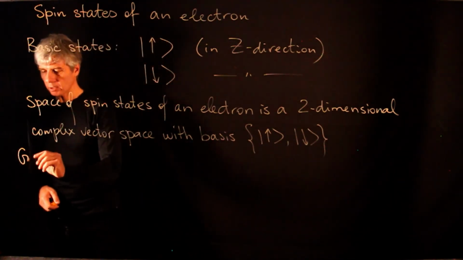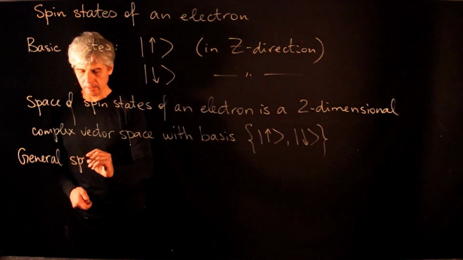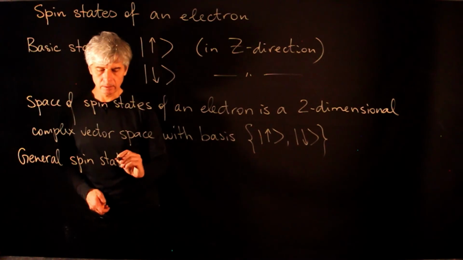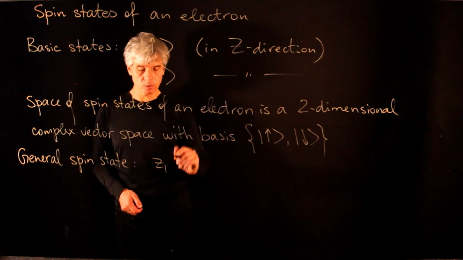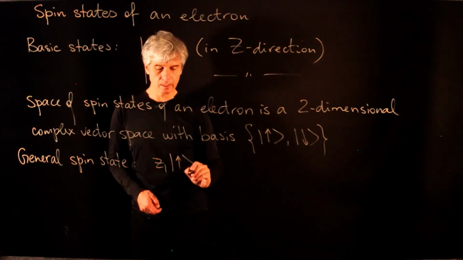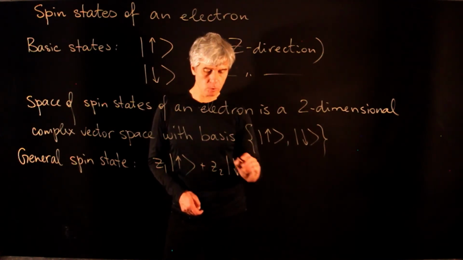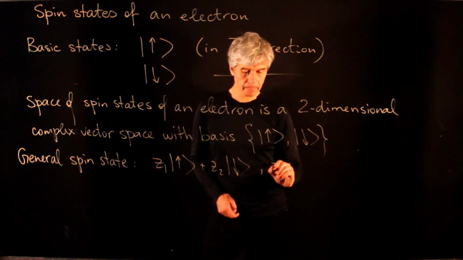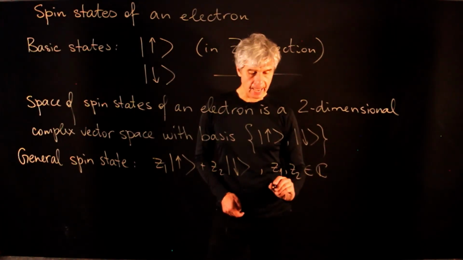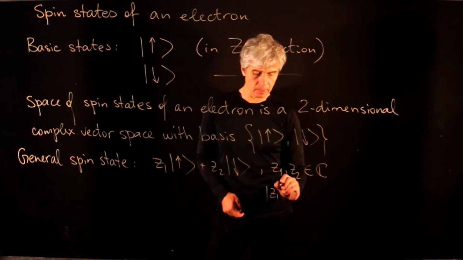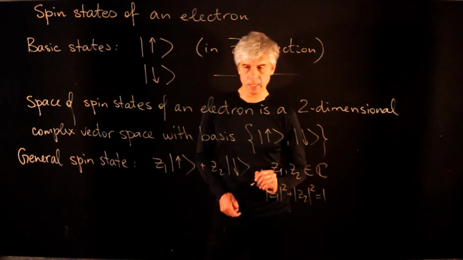So the general spin state will again be a linear combination of the two basic ones. It will be z1 times vertical up plus z2 times vertical down. And here z1 and z2 are now complex numbers, with the same normalization, so that the sum of squares of these complex numbers is equal to 1.